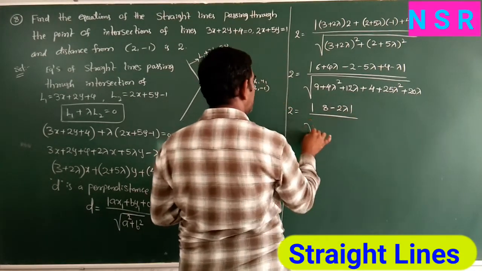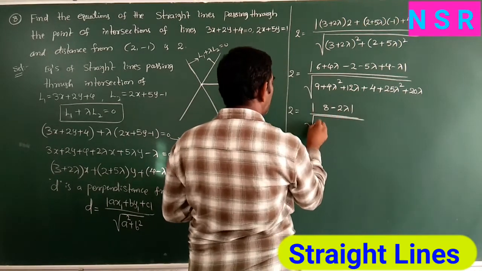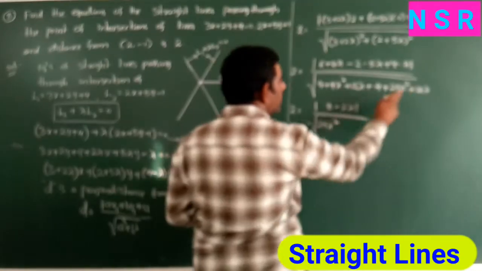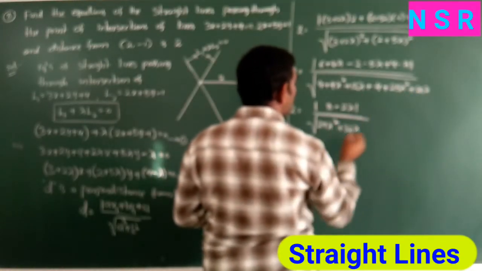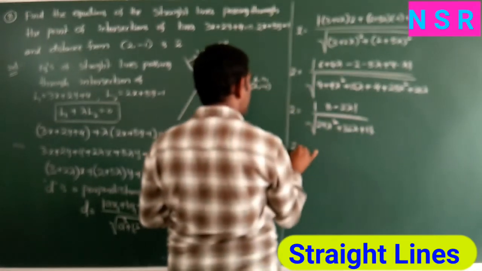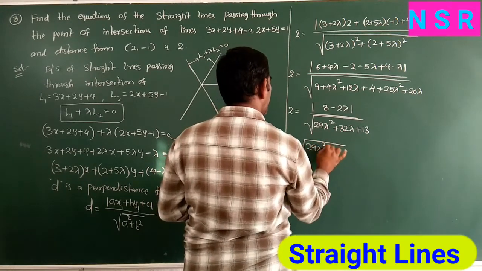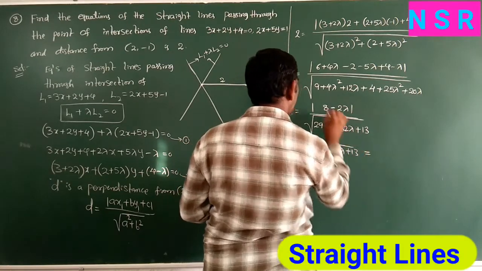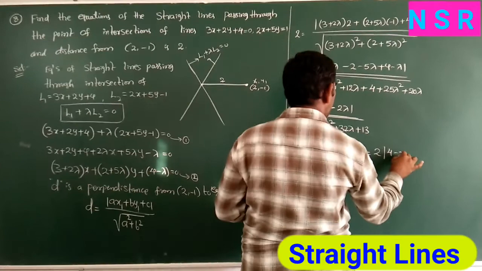by square root of 25 plus 4 is 29 lambda square, 20 plus 12 is 32 lambda, 9 plus 4 is 13. Now multiply the root to this side: 2 into square root of 29 lambda square plus 32 lambda plus 13 equal to, take 2 common here, we get 4 minus lambda.